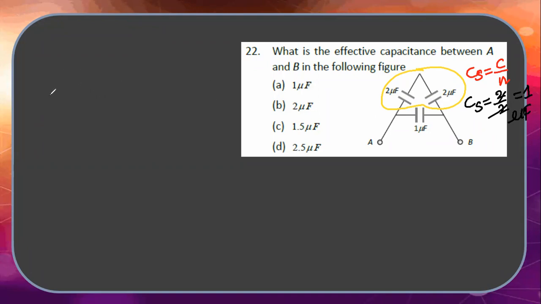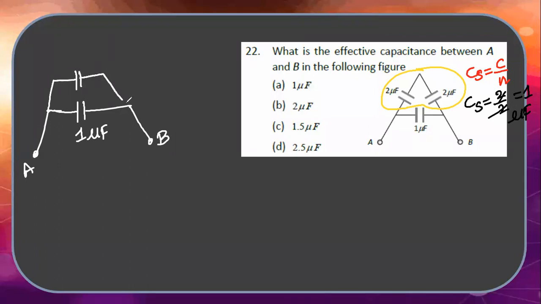Effective capacitance on top is 1 microfarad. In the middle there is 1 microfarad. Down, this is A, this is B. On top we got 1 microfarad. 1 microfarad and 1 microfarad, they are in parallel.